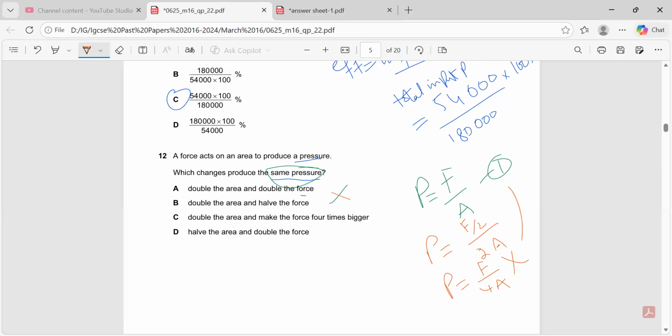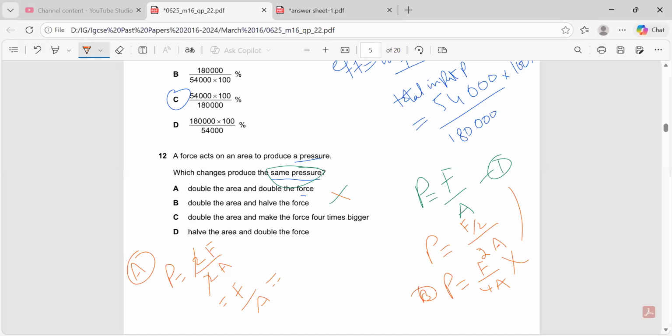That was the answer for B. Now let's see option A: double the area and double the force. So 2F over 2A, the 2 cancels with the 2. So what is the answer? F over A, and my dear friends, that is the same answer.